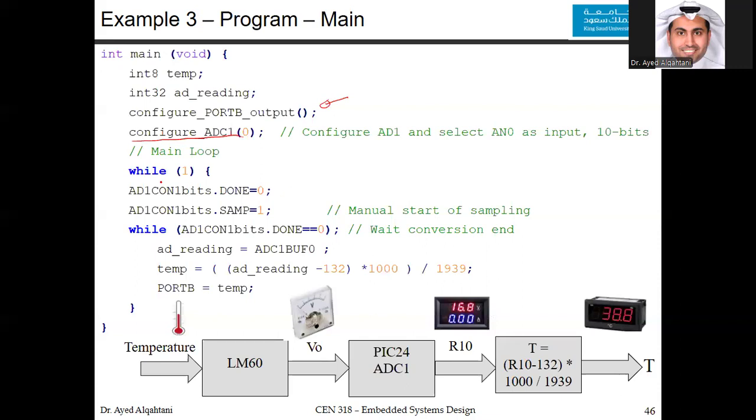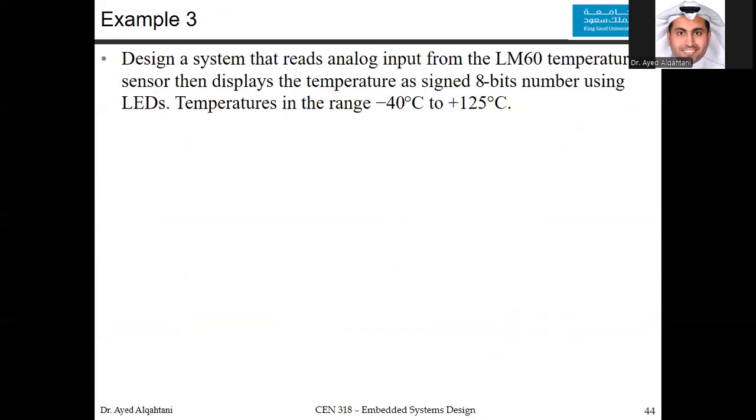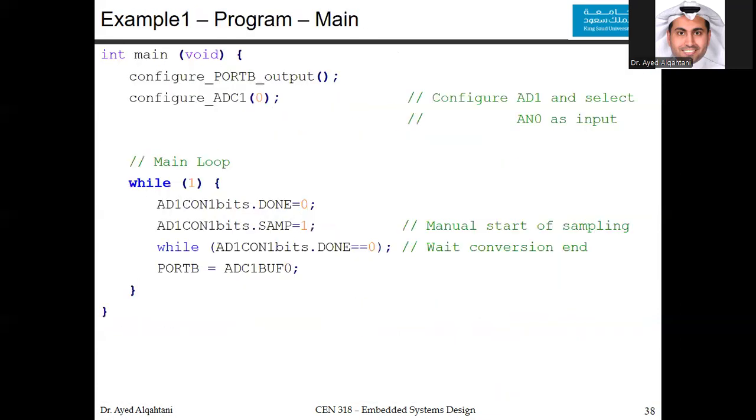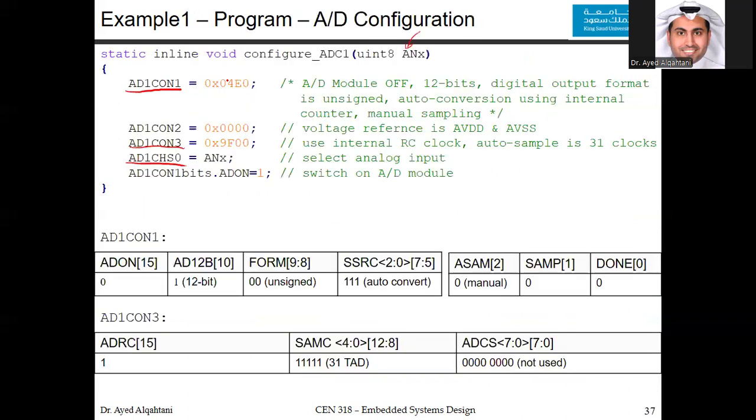And then we go through this while loop. Now it's very similar to the while loop that we checked for the previous example, meaning, just so I refer to the correct slide so you don't get confused, same as this while loop. We have the ADC and we configure it this way.